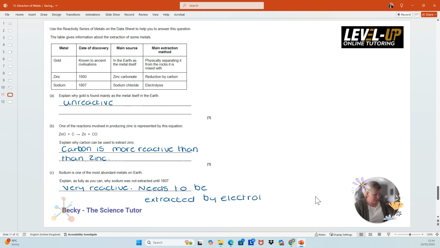Okay, and as I say, you will learn more about electrolysis and how we actually use electrolysis to extract those metals in some later sessions.